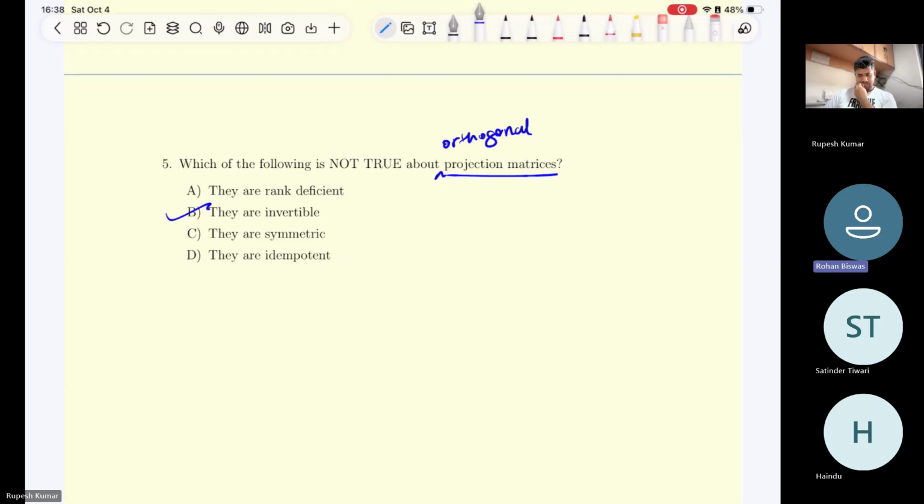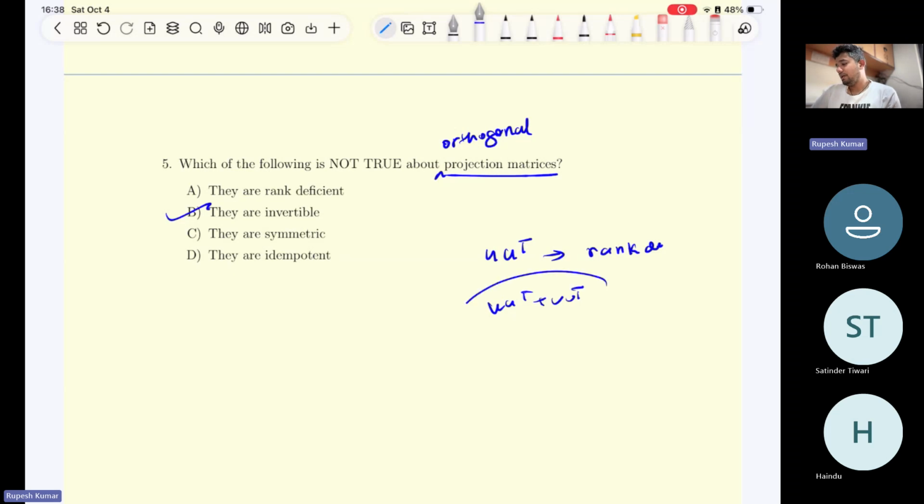What if I consider the identity matrix as a projection matrix? They are always rank deficient because U transpose is a rank deficient matrix. But UU transpose plus VV transpose might be full rank, right?